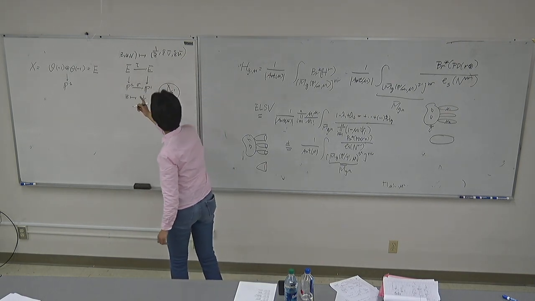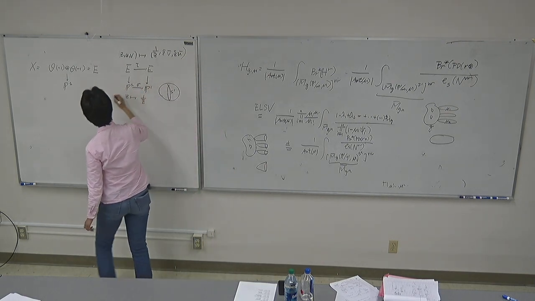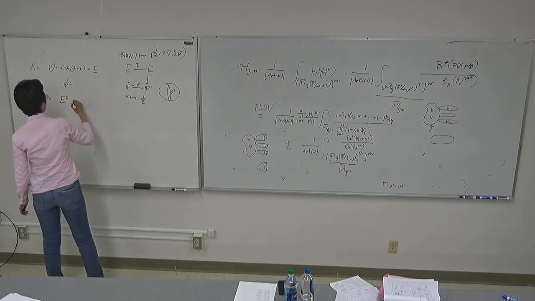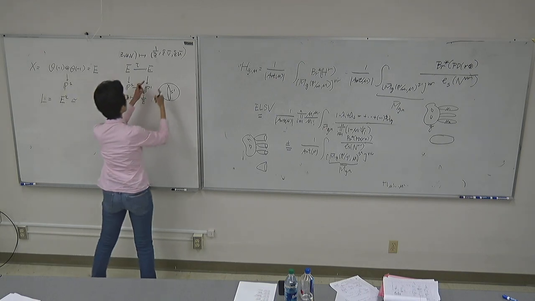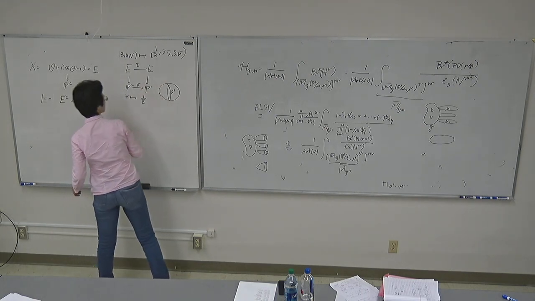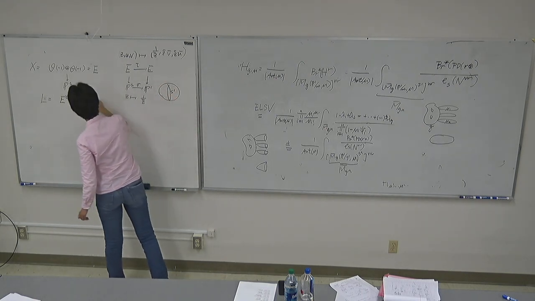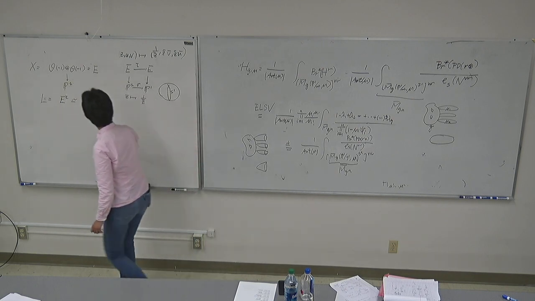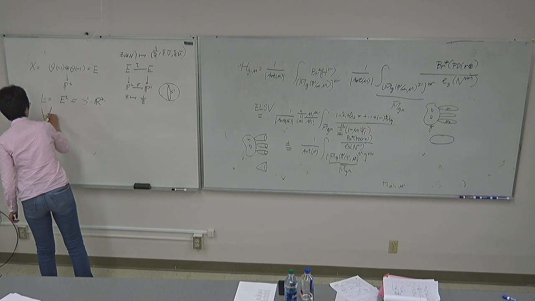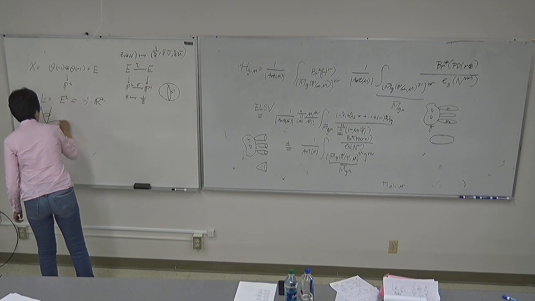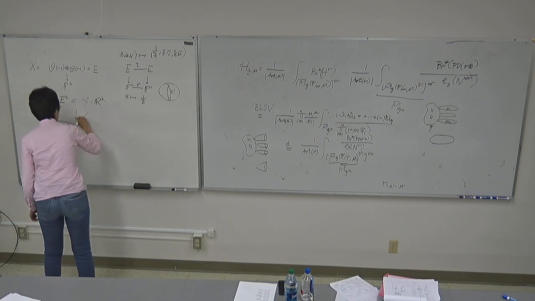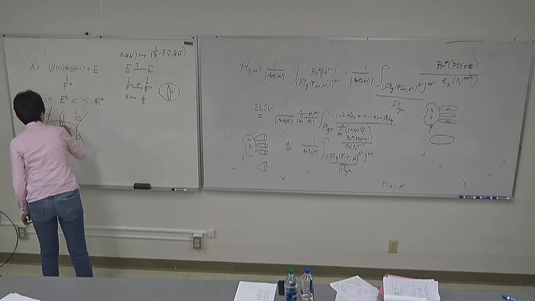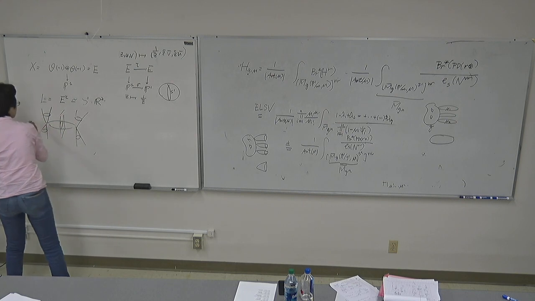Now let L be this, which is just a rank 2 trivial vector bundle over this circle. So now the picture is like this. We have this, and I also want to count.